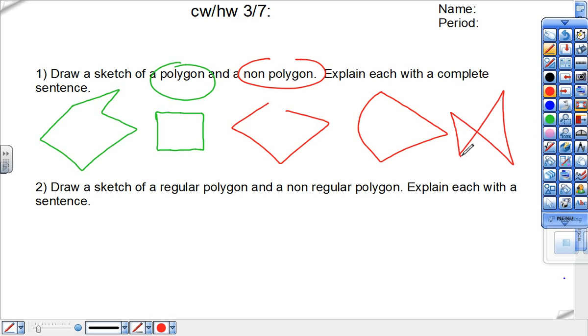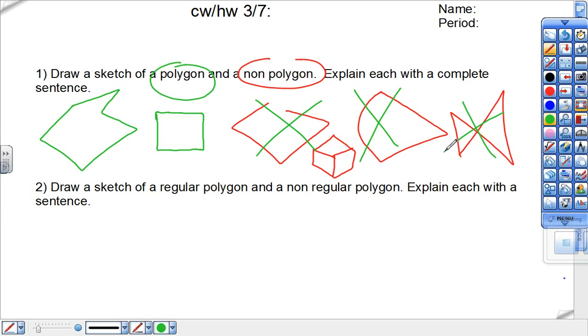Those crisscross, those are not a polygon. Something trying to show something three-dimensional, not a polygon. Again, a polygon cannot have openings, cannot have rounded sections, cannot have lines intersecting, crisscrossing.